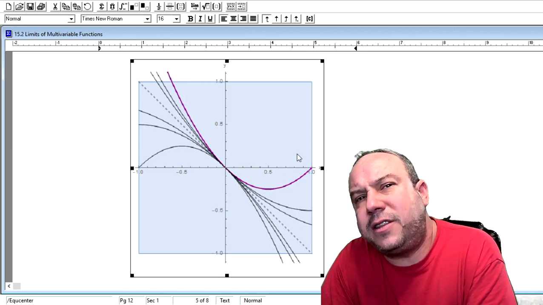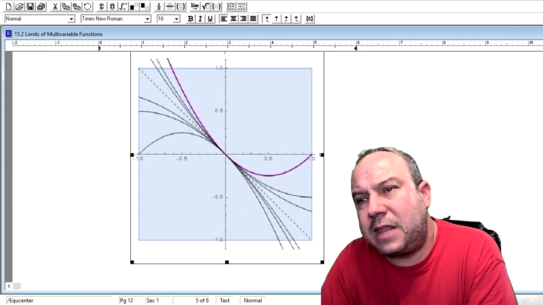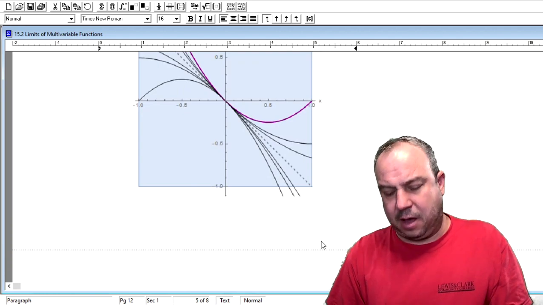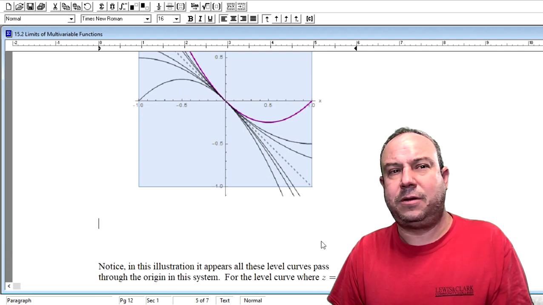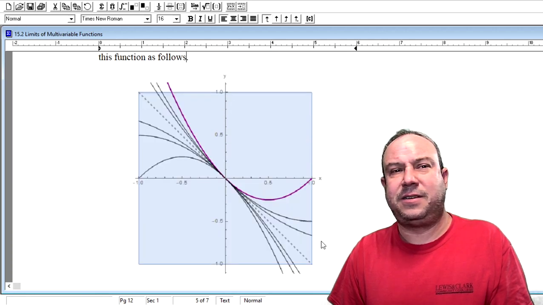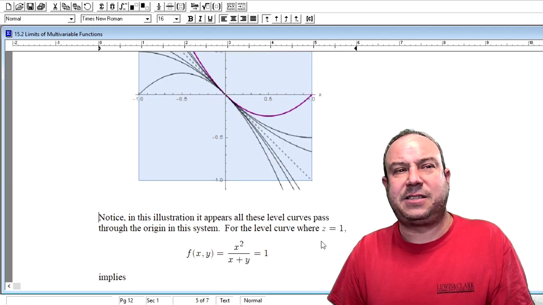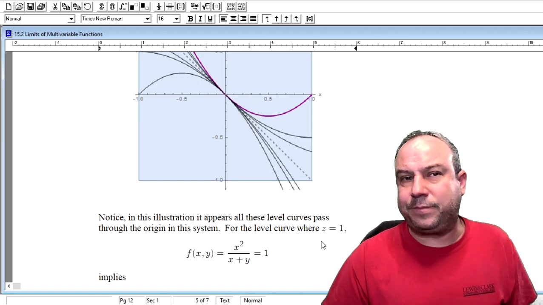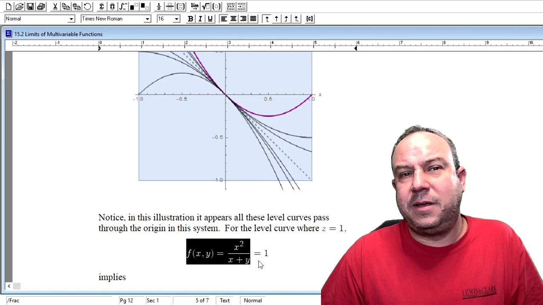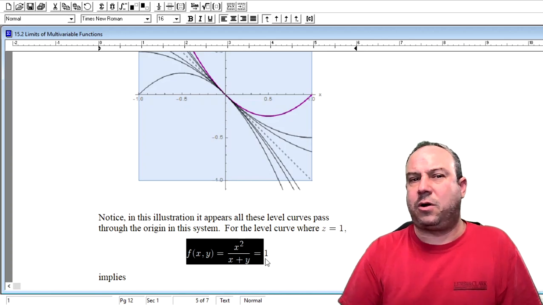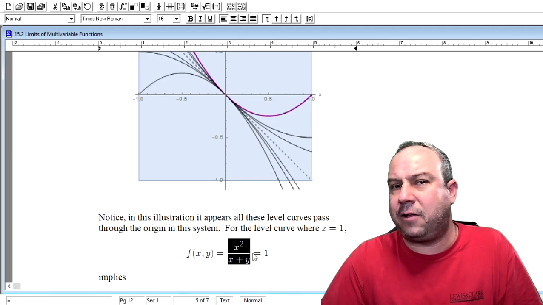If I actually look at this level curve, that approach that we were able to show non-existence with is the level curve for where z equals 1. For the level curve where z equals 1, we could say f of x comma y equal to x squared over x plus y would be equal to 1 in value.